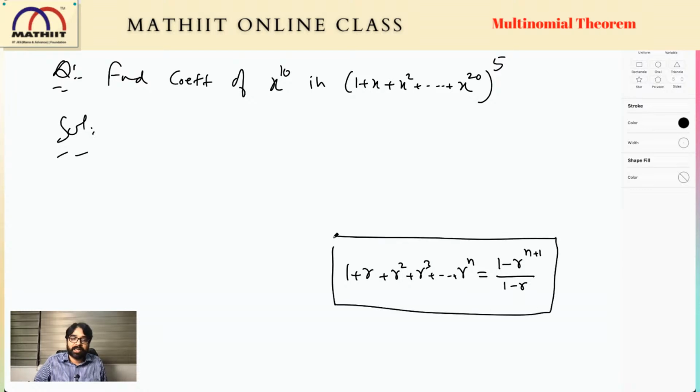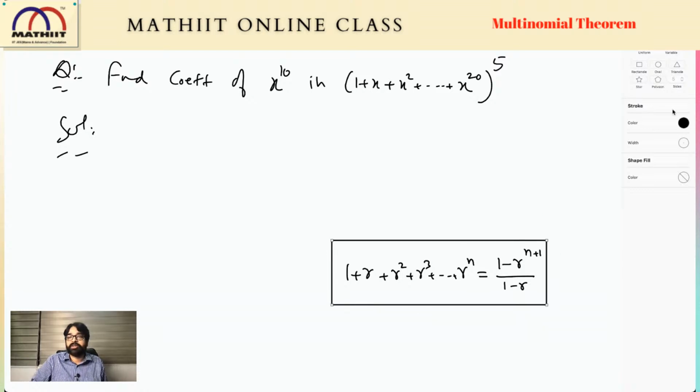My sincere request, remember this point. If you don't know sequence and series perfectly at this point of time, this is the formula for the sum of n plus 1 terms of a GP. r is called the common ratio. Remember this formula, forget about the GP and all.